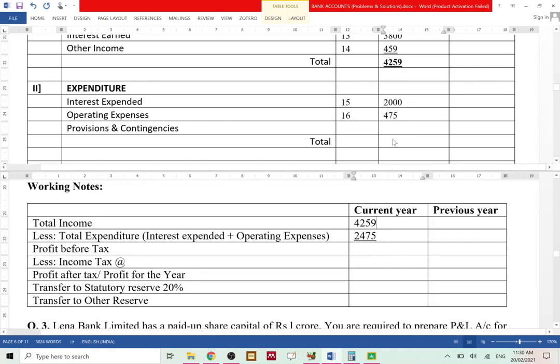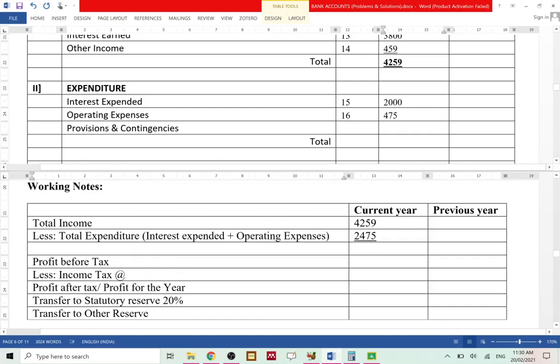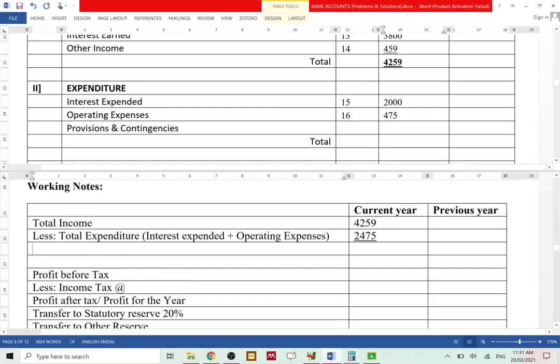Okay, now we cannot call this profit before tax as yet because we have another provision that needs to be minused before we arrive at that figure. So after minusing these two, we will also be minusing the provision on those doubtful debts, and only after we minus the provision we will get the profit before tax.